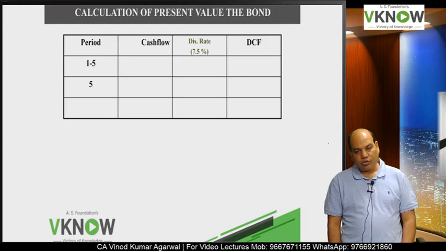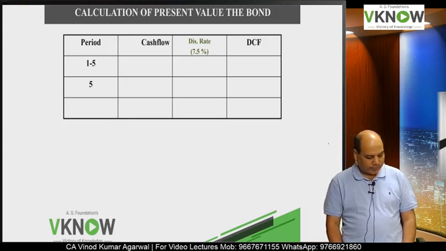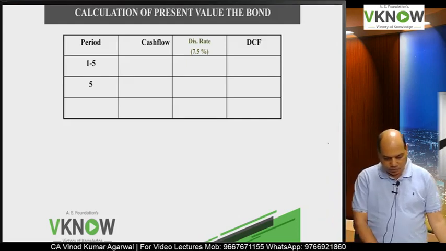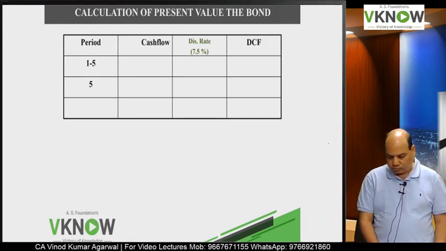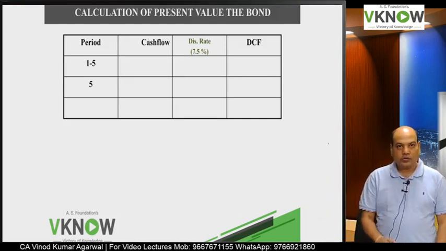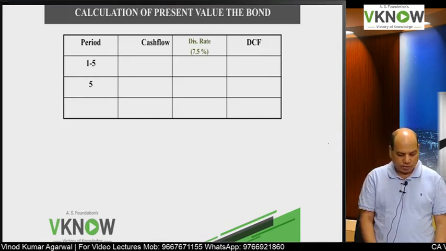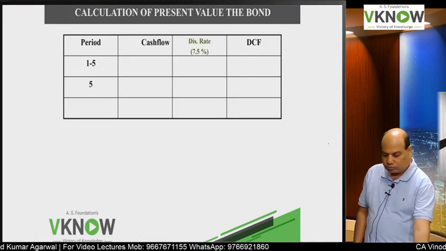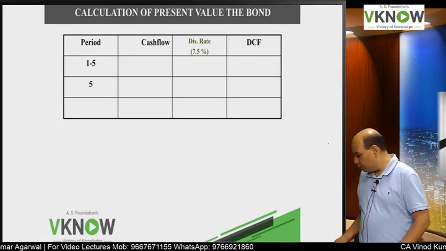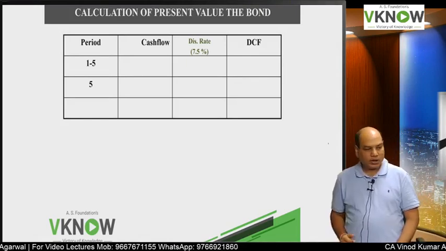Calculation of present value of the bond. 4 columns we will draw: year, cash flow. Now we'll take discount rate 8 minus 0.5, 7.5%, and DCF.